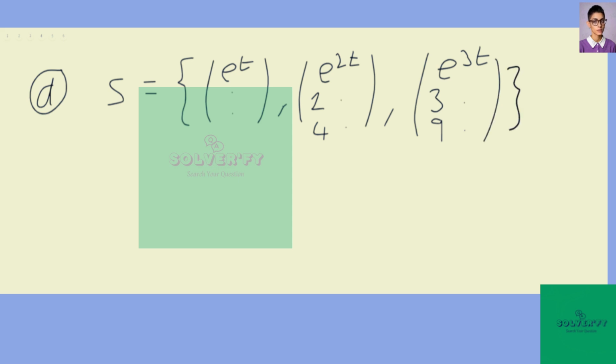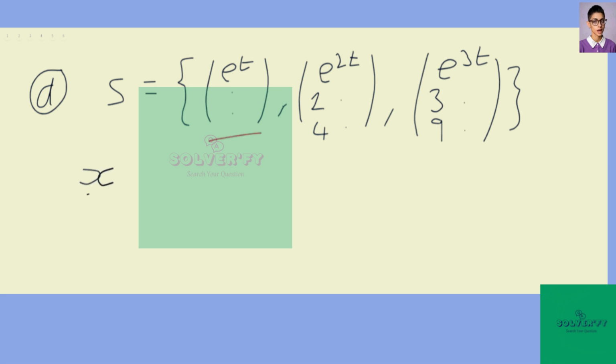Okay, to show that this is a fundamental solution set, we need to show first that each of them is a solution to the matrix equation, and then we need to show that they form a linearly independent set. So let's first show that this one is a solution to the matrix equation.